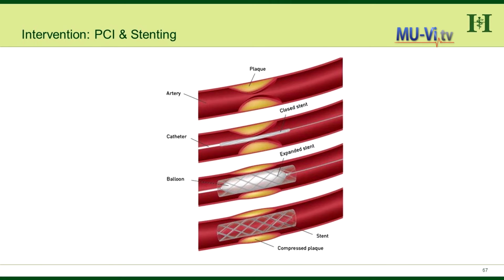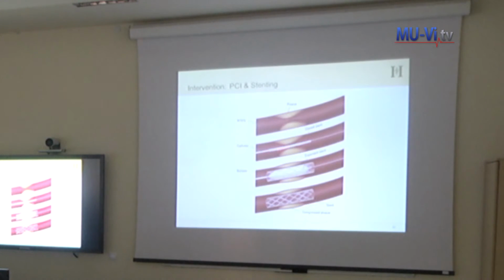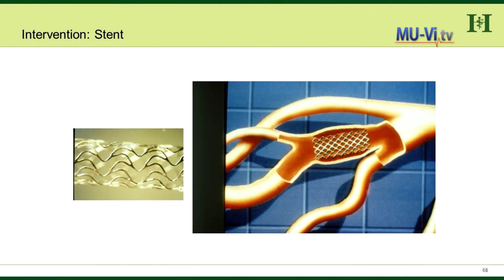You see it like here. We wire the stenosis, we bring the balloon in position, we implant the balloon or the stent, and this is the result. This is a stent. This is a stent in the vessel.